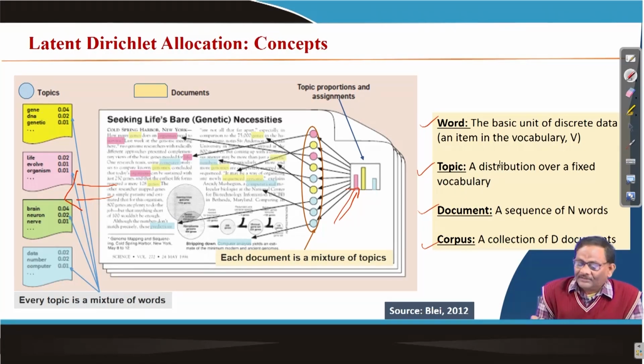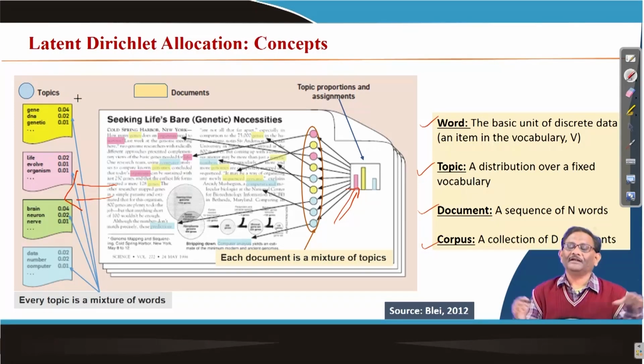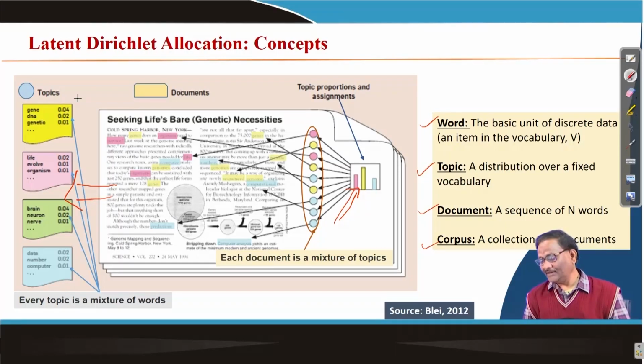That means every topic has certain words, and these words have a certain probability of occurrence. Then what is a document? A document is a sequence of N words. There are N number of words within a document. And what is the corpus? A corpus is a collection of D documents.